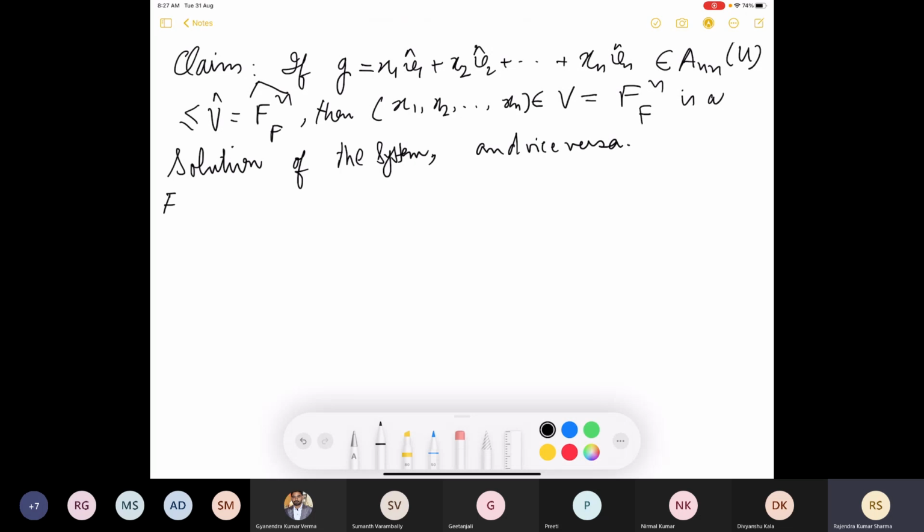So for the proof, let us take that this G belongs to the annihilator of U over F. So what does it mean?